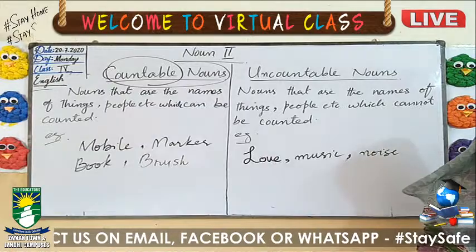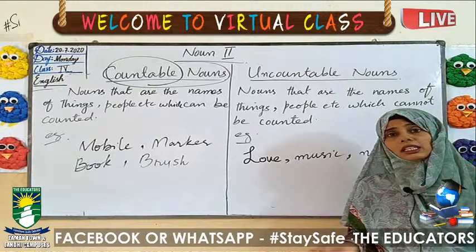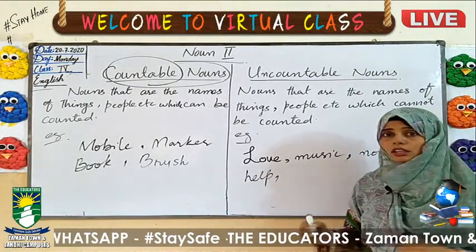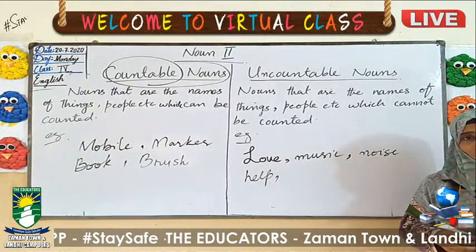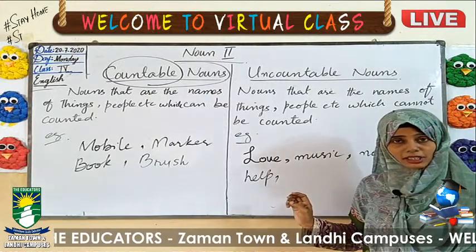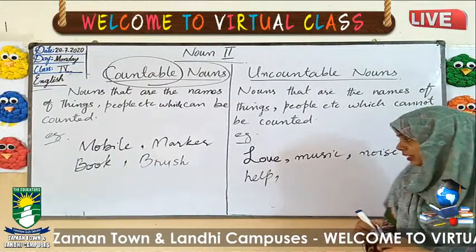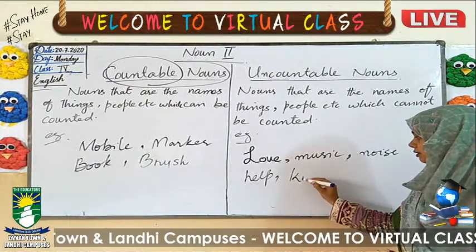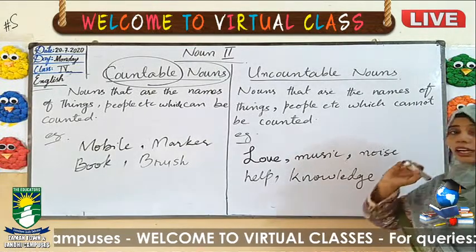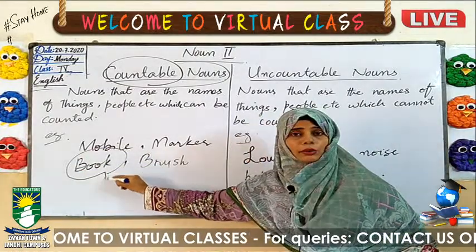There are many things in the world, we cannot count them. Just like, if you help somebody, help, can we count the help? No. I am writing here and you have to write in comments those things' names which we cannot count. Okay? Just like knowledge. I have written here the word book, which is countable.